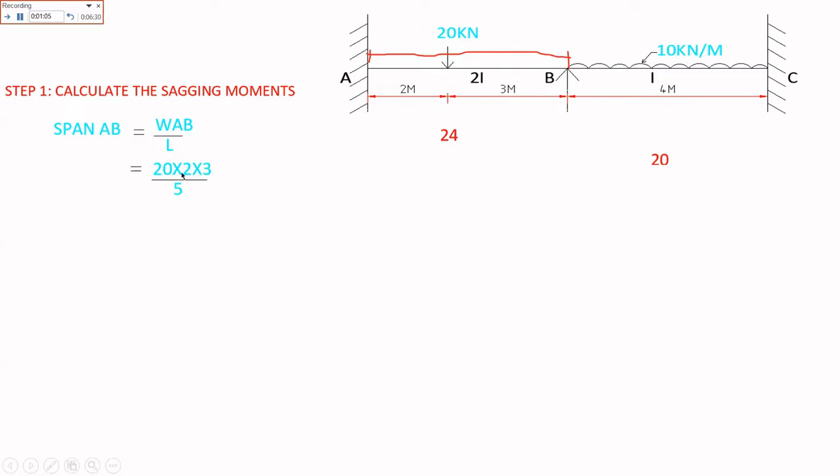So 20 times 2 times 3 divided by 5. If you work that out, you'll get 24 kilonewton meter.